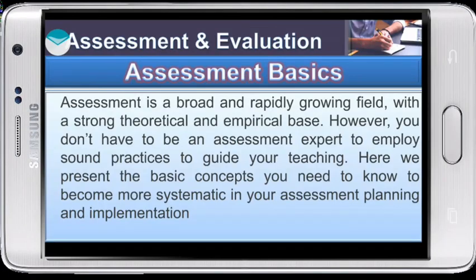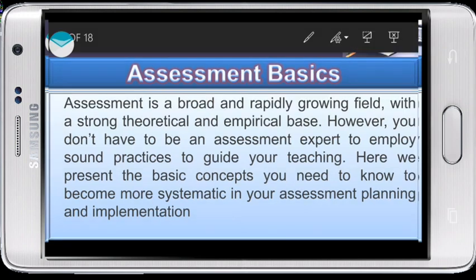Assessment basics. Assessment is a broad and rapidly growing field with a strong theoretical and empirical base. Yeah, it's a broad and rapidly growing field. Actually, it's a new field for us to study in Libya, especially at the college level. It's broad. Why it's broad?